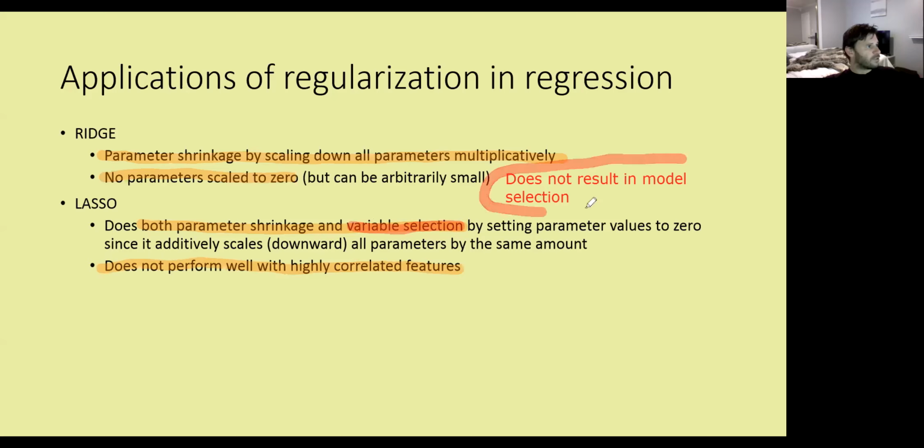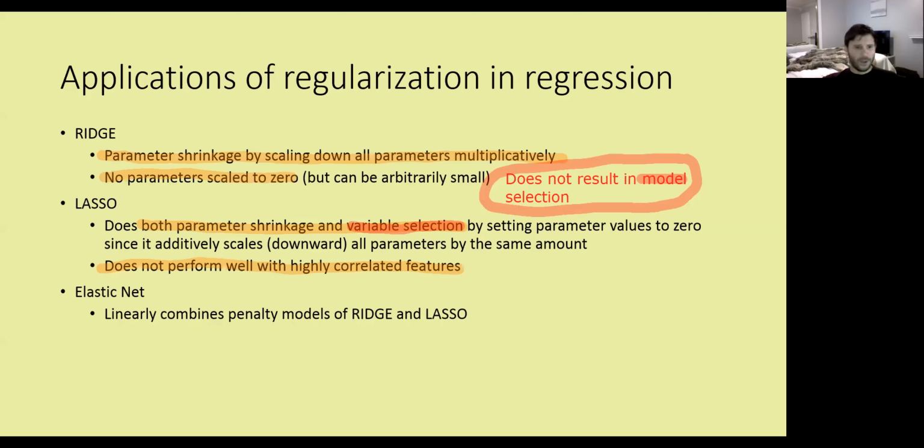Ridge does not result in variable selection here. So when I'm saying model selection, what I mean is it's really telling us which variables to include and which to not include. Lasso does that, Ridge does not. There's another method known as the elastic net, which actually linearly combines the models of Ridge and lasso. Okay, so it kind of gives you a little bit of flavor of both there.